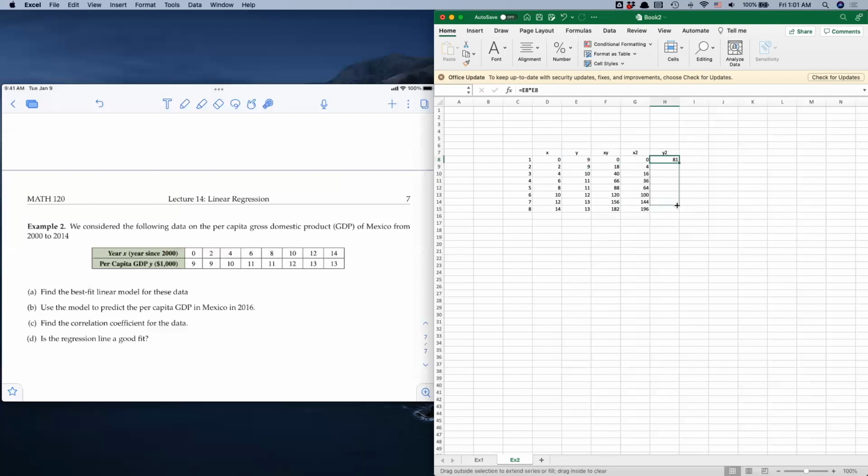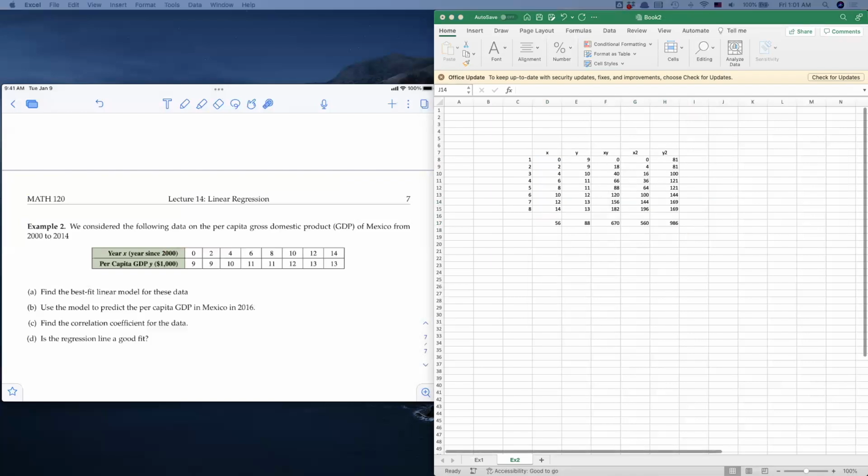Drag the formula down. Now you need to calculate the sum for each of these columns. So the summation of this, close the parenthesis, we have the sum, and we're going to drag the formula to the right. So it helps us calculate the summation for all of the other columns.